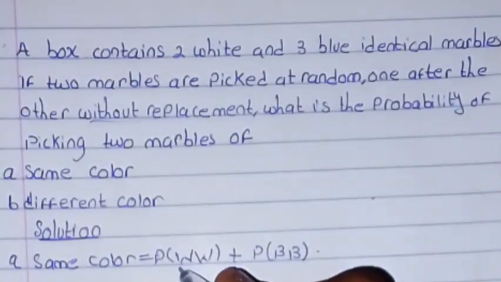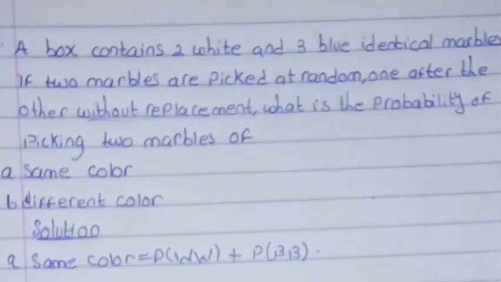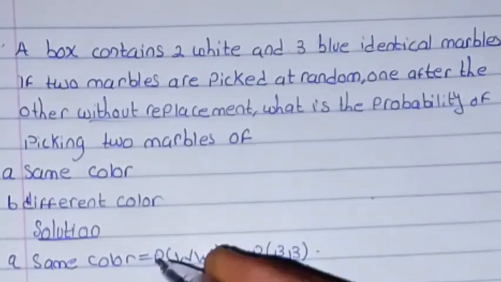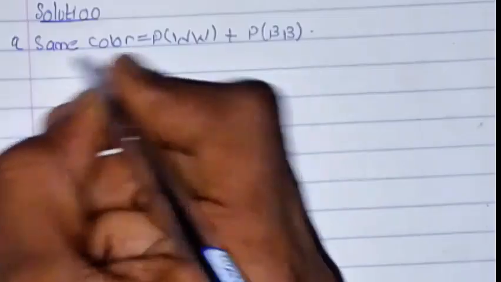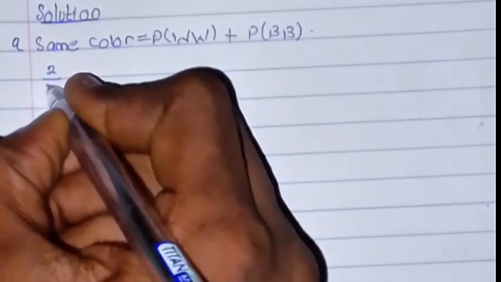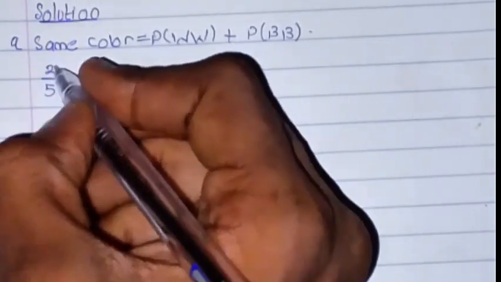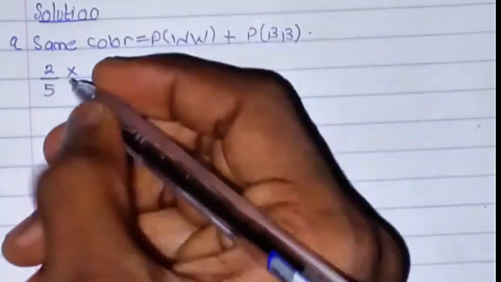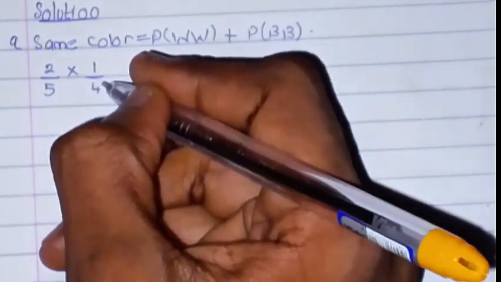To find the probability of picking white, since the two marbles are being picked at random, it's a random selection, there's no order. So for the first pick, we're going to have 2 all over 5. That's 2 white balls, and we have a total of 5 balls in the box. Multiplied by the second pick, which becomes 1 divided by 4, because there was no replacement.